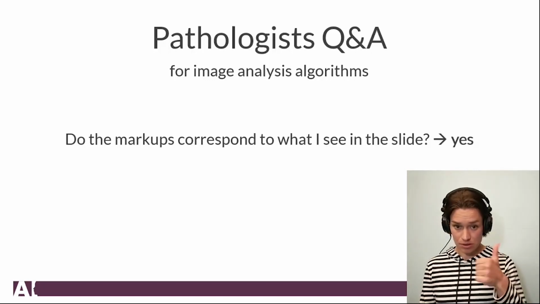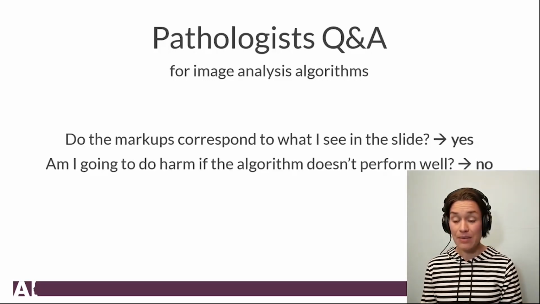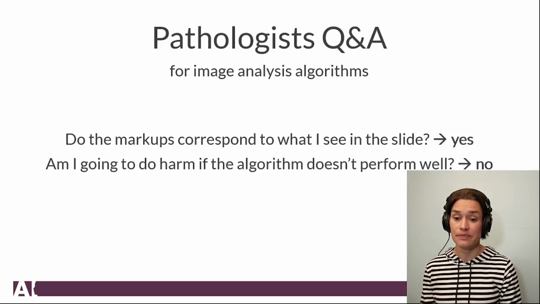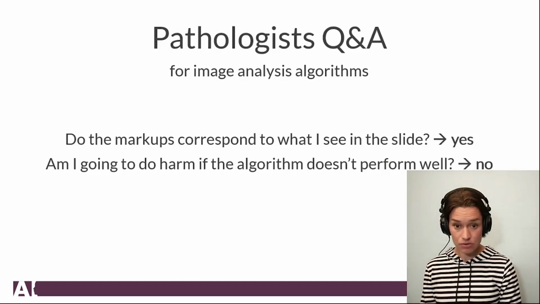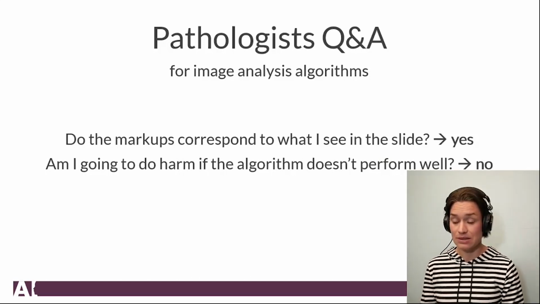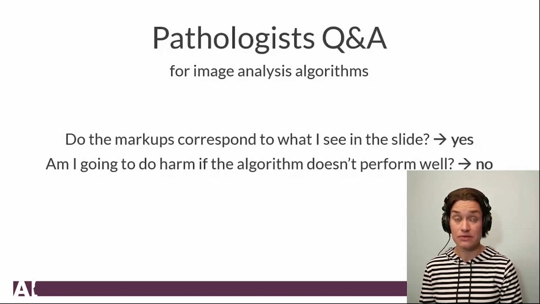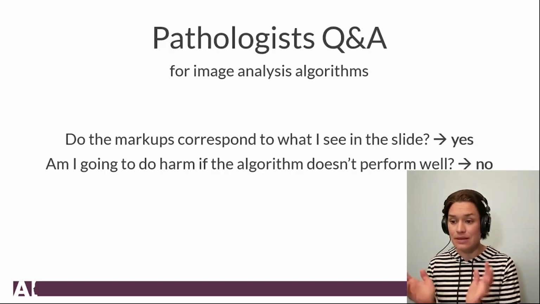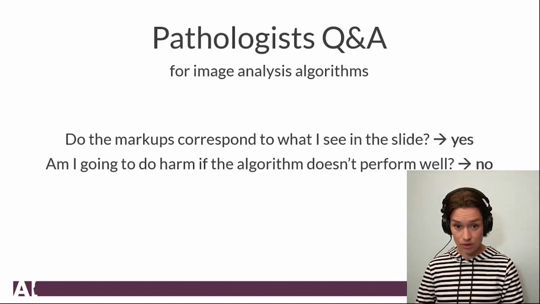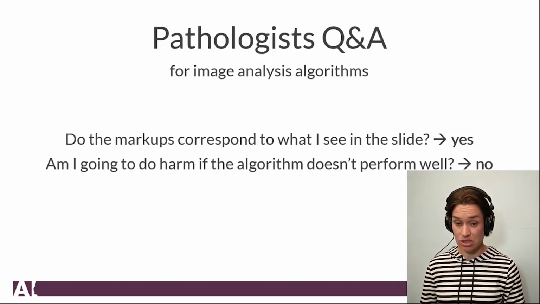If yes, then green light. Then, am I going to do harm if the algorithm doesn't perform well? I don't want to do harm. If that was a diagnostic algorithm for cancer, I don't want to do harm by saying you have cancer if you don't have it, nor that you don't have it if you have it. So there is optimization, but basically I don't want to do harm by using image analysis.